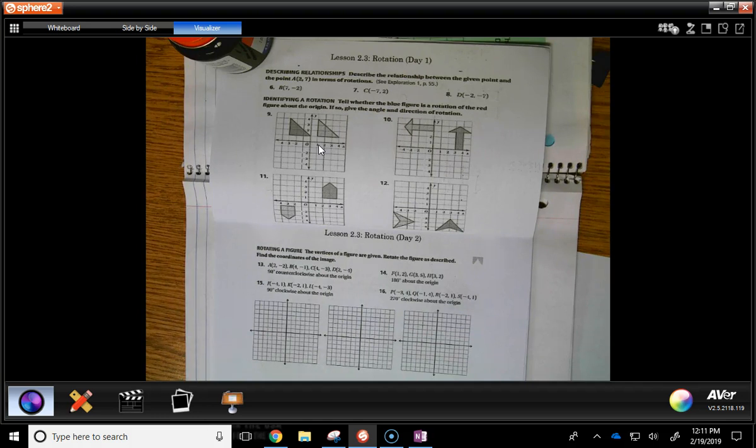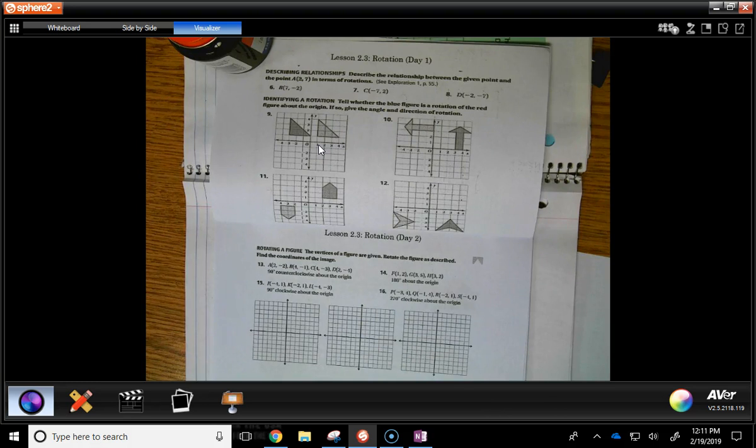On 9, 10, 11, and 12, is it a rotation? If the answer is no, you're done with that question. If it's yes, you must do what you did on the first part. Tell me what the rotation is. Clockwise, 90 degrees. Clockwise, 270 degrees. Could we ever go counterclockwise? Yeah.